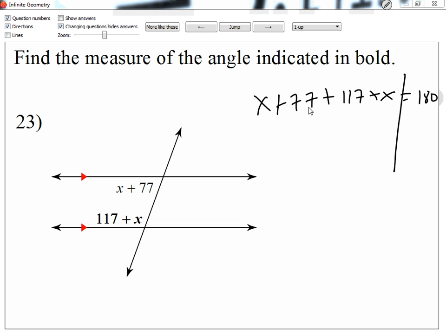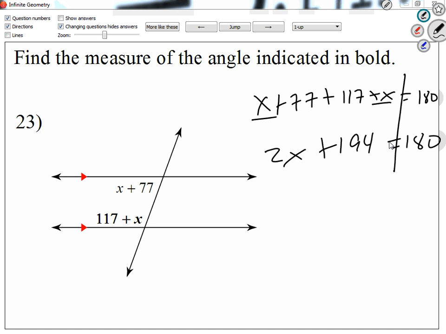I know x plus x is 2x. I see a lot of people do x squared. That will be times. And this is 2x. 77 plus 117 is 194. So I have 2x plus 194 equals 180.